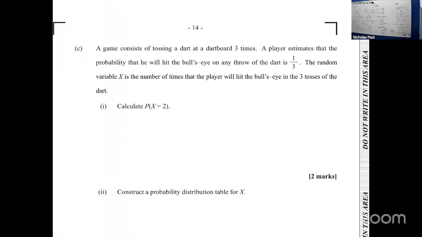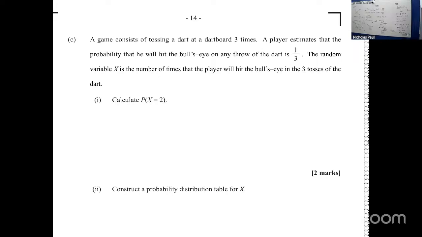But now, what distribution is that? Binomial, right? A game consists of tossing a dart 3 times. A player estimates that the probability that he will hit the bullseye on any throw is 1/3.